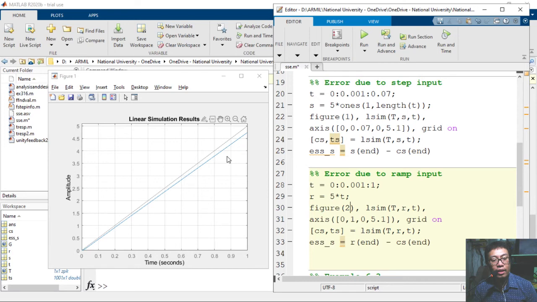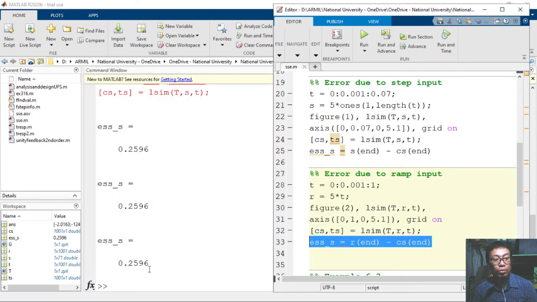Recall yung discussion natin doon sa previous lesson, na pagka yung output niyo ay not parallel dun sa input natin, that results in infinite error. Okay, so now this command may return an output na halimbawa ito 0.2596.